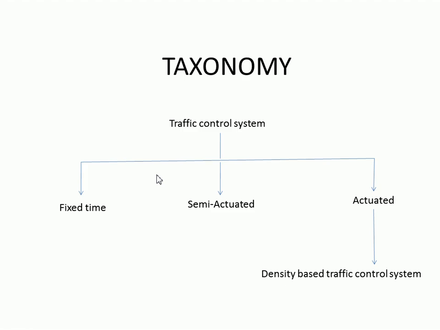Actuated traffic control system. In the actuated traffic control system, it also controls the traffic based on the detection, but it includes all types of detections like pedestrians, vehicles, or any standing vehicles like that. Our density based traffic control system comes under the actuated traffic control system.